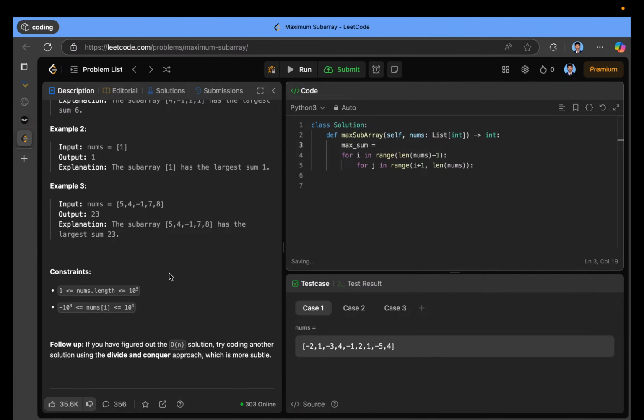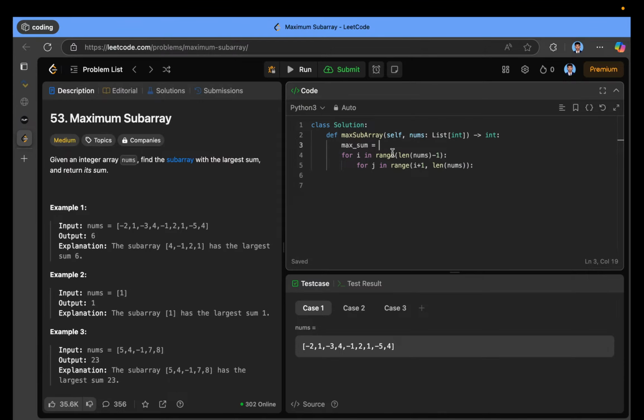Negative numbers are there, down to minus 10 to the power 4. So let's take minus infinity, float minus infinity, as max sum. Then max sum equals max of max sum and the sum of the given range.